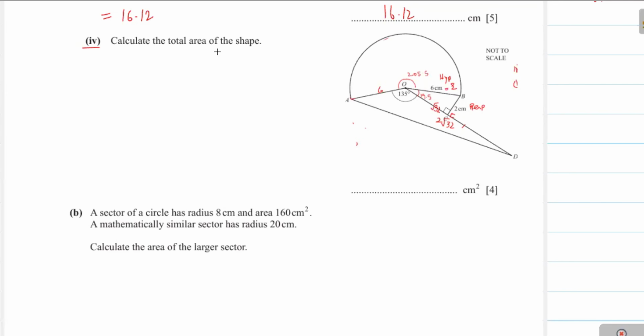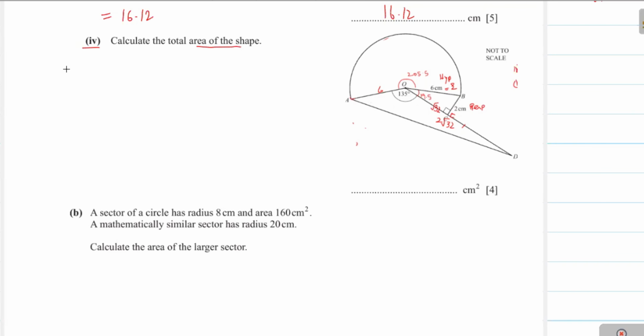Part 4, calculate the total area of the shape. Now you see here the shape has a sector region and one triangle OAD and another triangle OCB.